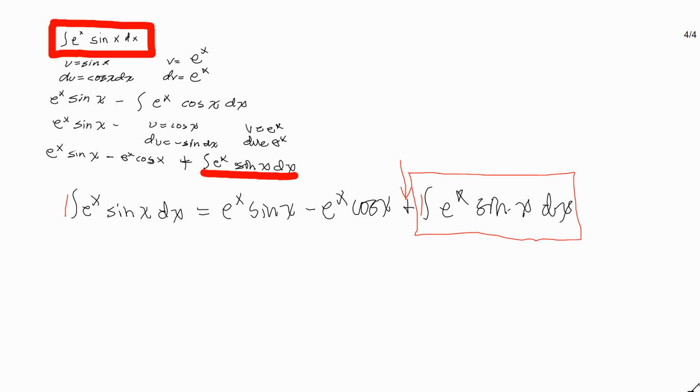Okay, do we have negative e to the x cosine of x plus e to the x cosine of x dx? Do you have that? Antiderivative. Negative e to the x. Yeah, it's supposed to be negative. Anyway, e to the x sine of x.